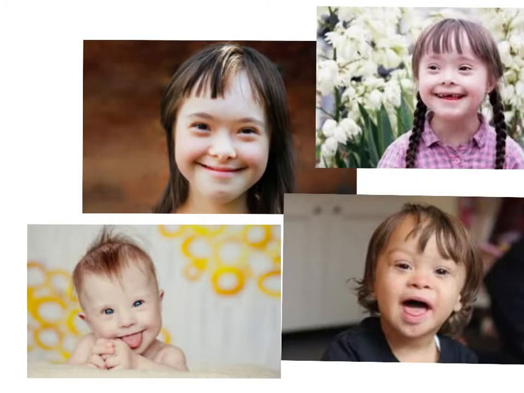Now you might remember in year 10 learning about Down syndrome. Now all of these children here have got Down syndrome. And a syndrome is a condition that has a lot of different effects.